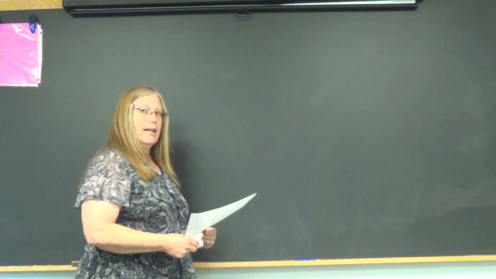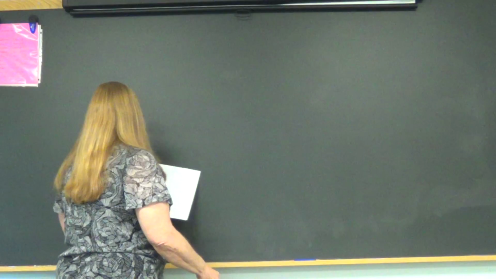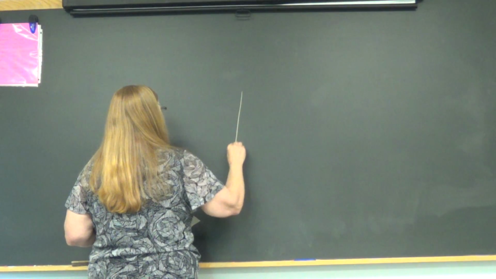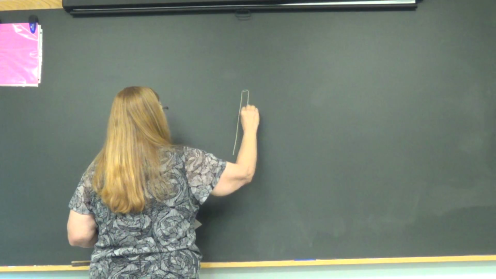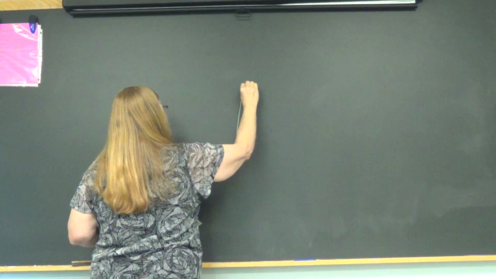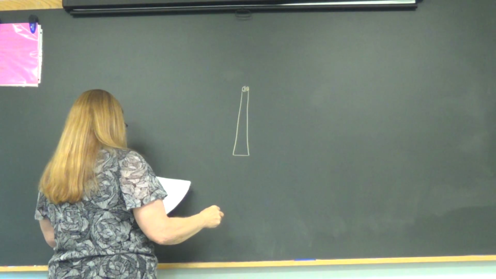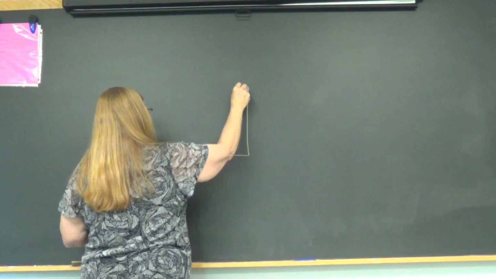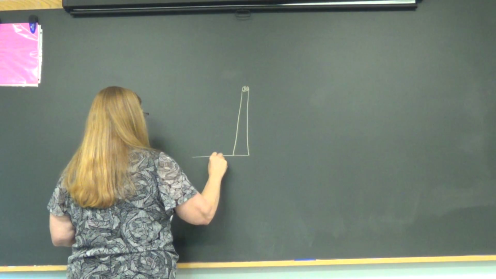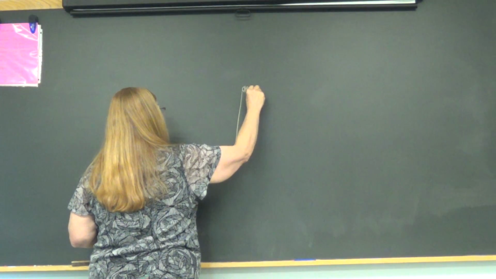Okay, here I am again. Put the video back on, and you will see that we have a tower. So here's my tower. And it turns out that there is a man that is 14 yards from the base of the tower. We're interested in the height of the tower.